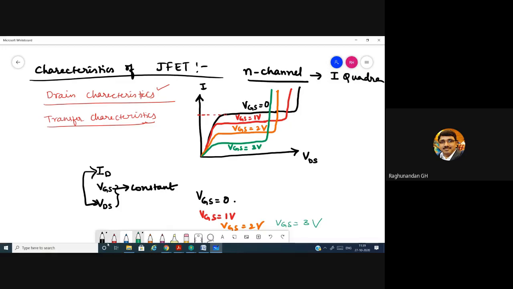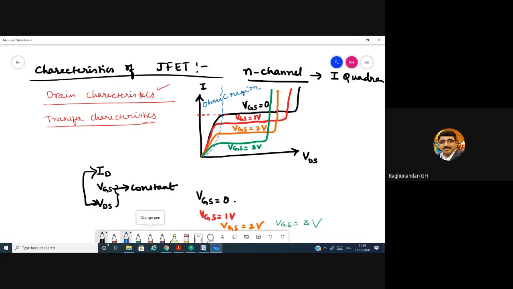Now, after doing all these things, we are going to study the different regions of operations. This region, whatever I have marked here in blue color, is known as ohmic region.